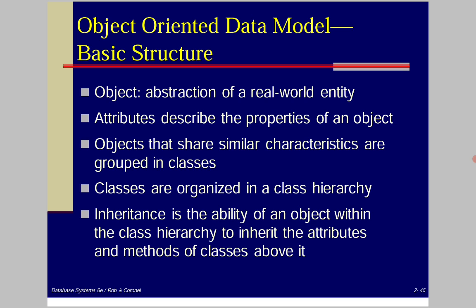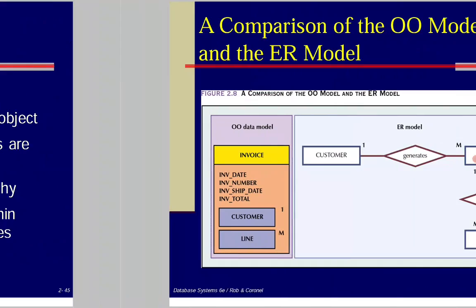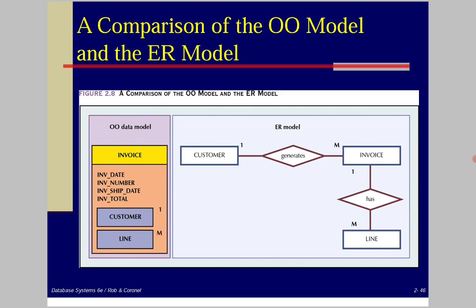Classes are organized in a class hierarchy, and inheritance is the ability of an object to inherit from its class. In the object oriented data model, database structures are created using terms like objects, classes, and methods. This is a simple example comparing the object oriented data model and the ER model.